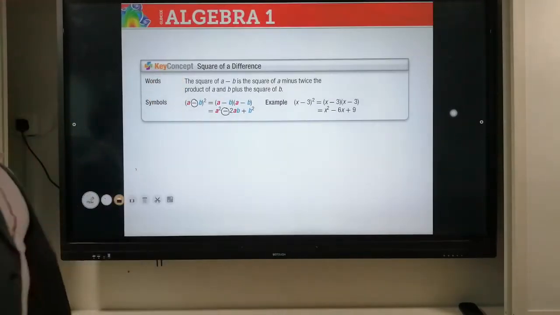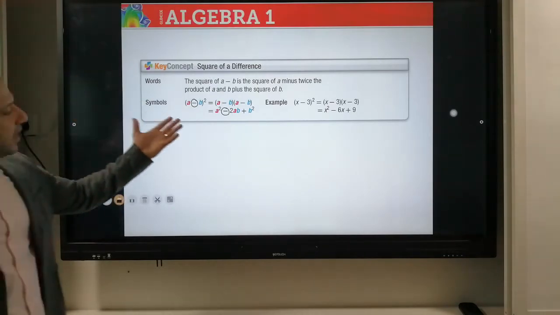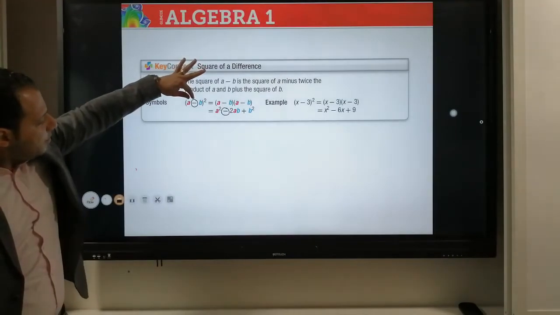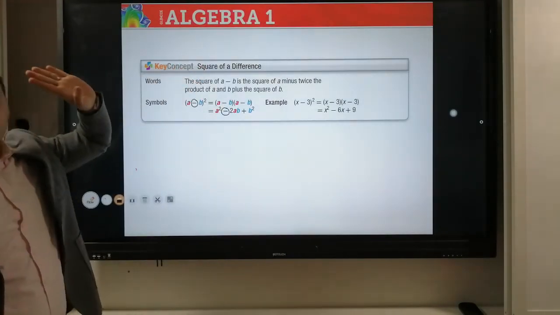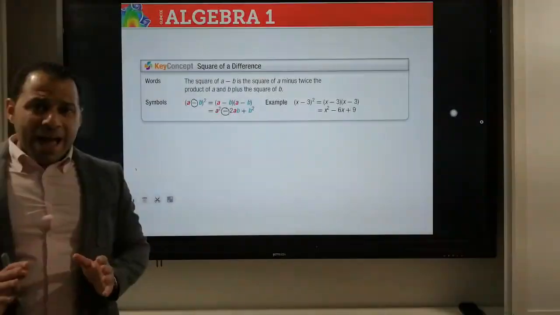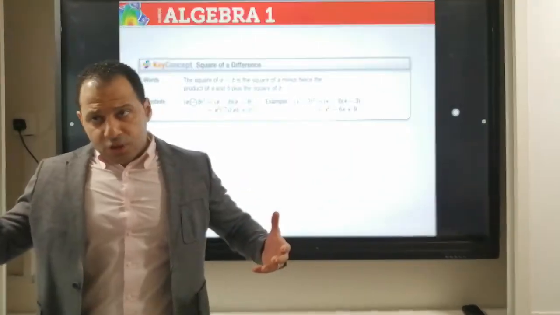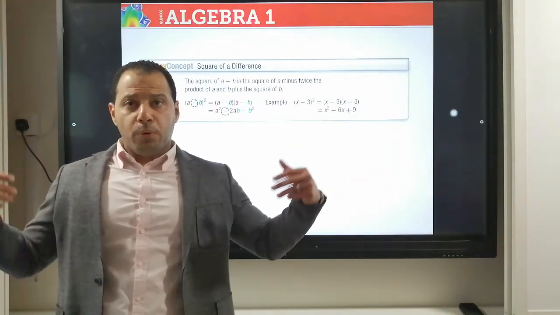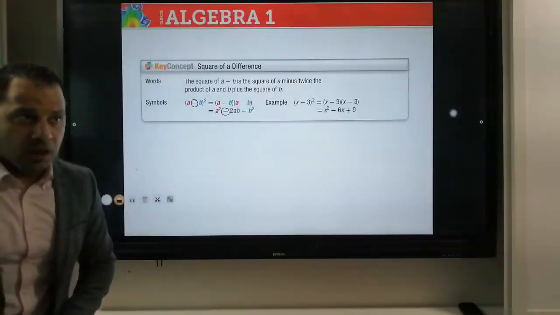It's the same rule, but just change the middle sign. But the first and the last, as I said, keep as they are, as it's a square. Even if they are negative or positive, the result will be positive.